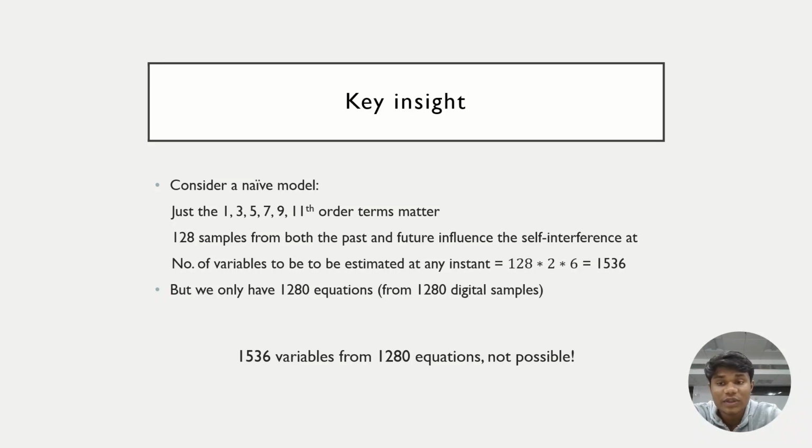And if we take 128 samples from past and the future, which are influencing the self interference at the point we are looking at, the number of variables that have to be estimated will be 1536, and as we saw, we only have information worth 1280.